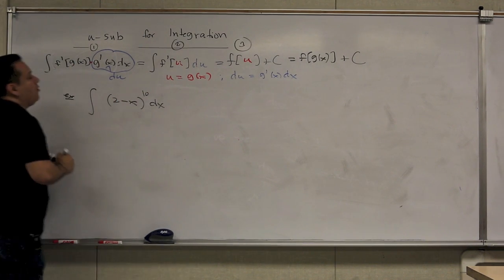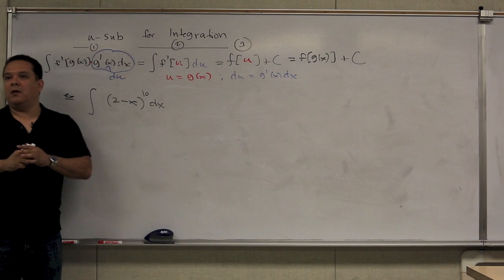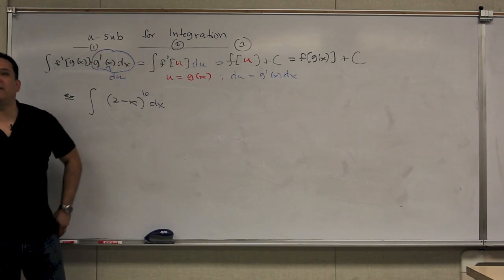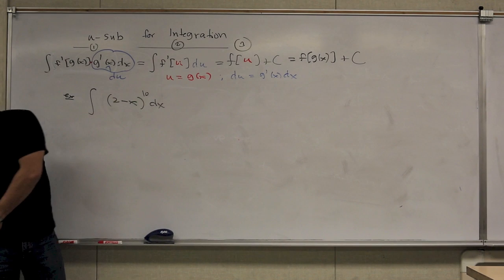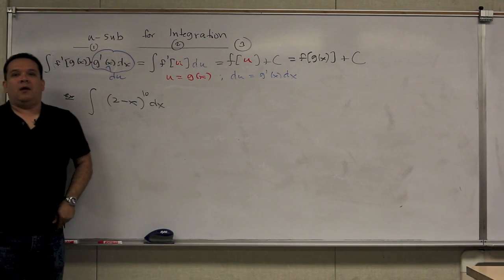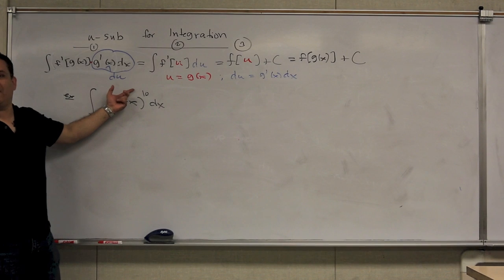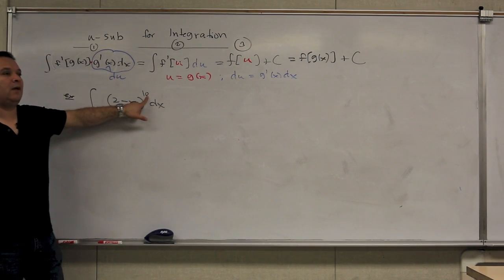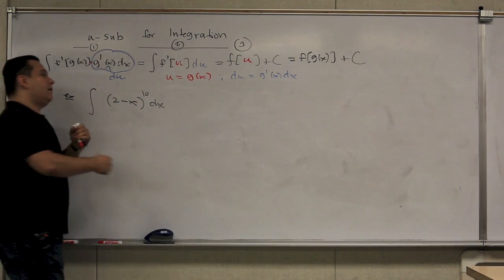What would you guys have done on your homework? If this were a homework question yesterday or last night or whenever, what would you guys have done here? You would have to use FOIL or expand this. What's the power here? 10th. How does that expansion feel? You don't like 10?